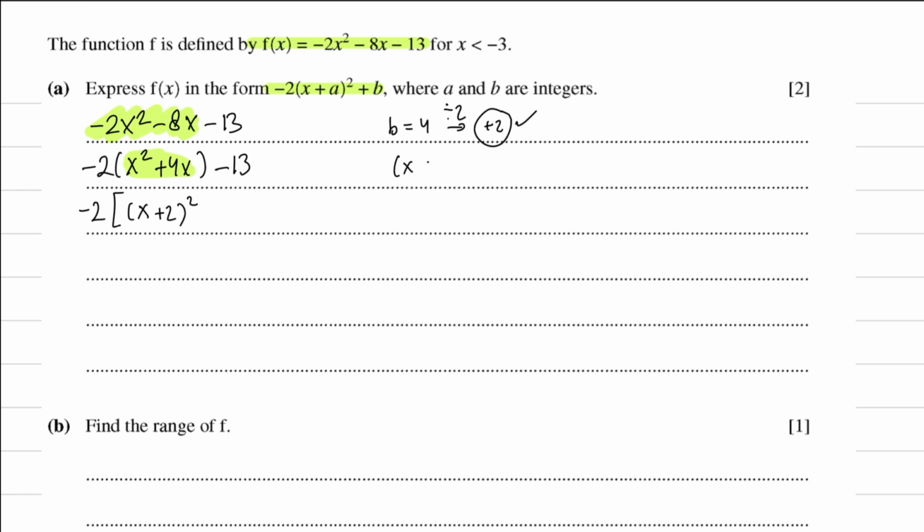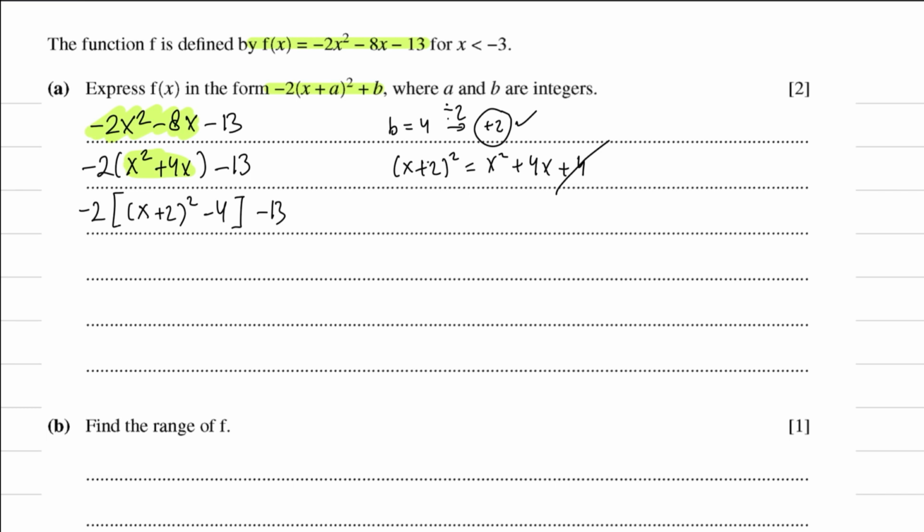And then we check: (x plus 2) squared is x squared plus 4x plus 4. If we expand this, you will get this, but it's kind of different because our function inside the bracket doesn't have +4 as the extra. So we have to -4 to eliminate the 4 here. So we put again the -13.